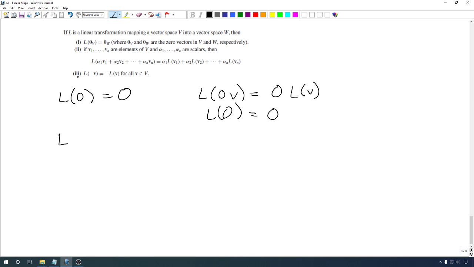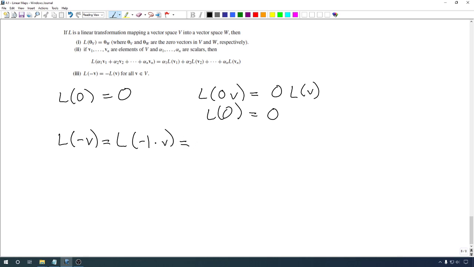Let's actually look at 3 next. If we take L of the negative of a vector, so that's technically the additive inverse of the vector v, then the result is going to be the additive inverse of L of v. We can essentially pull out that negative. In fact, that's what we're going to do. So L of negative v is really just L of negative 1 times v.